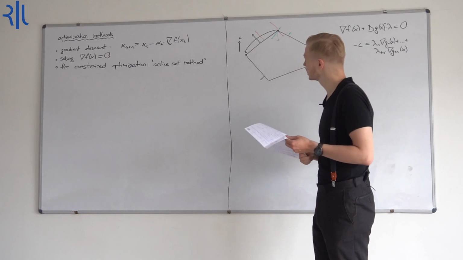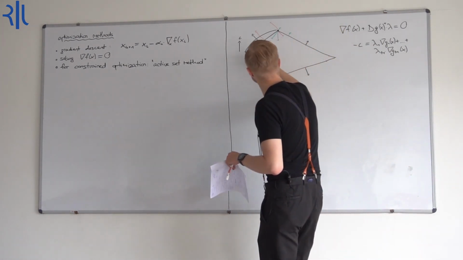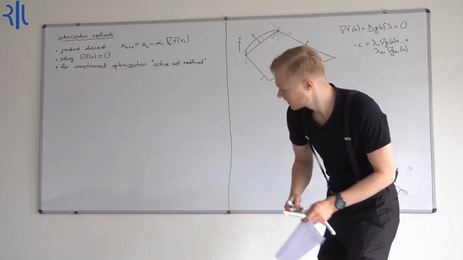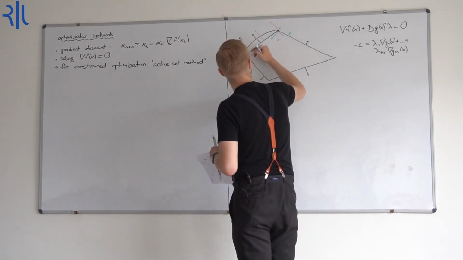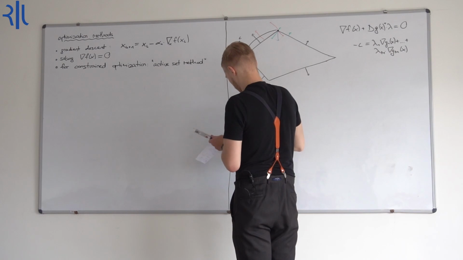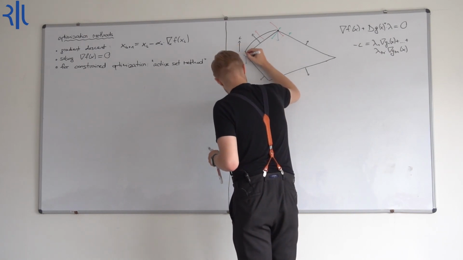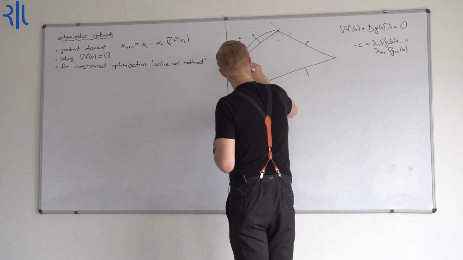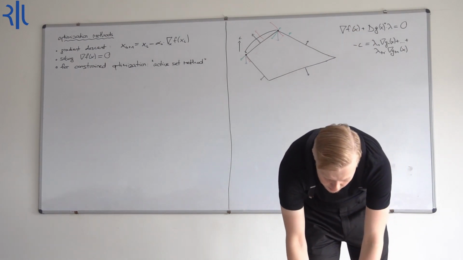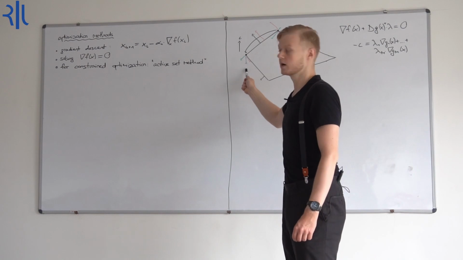And we can just do the game again. We can, again, solve the system of linear equations, but this time we see that only one of the multipliers is negative, and that is the one for this wall.